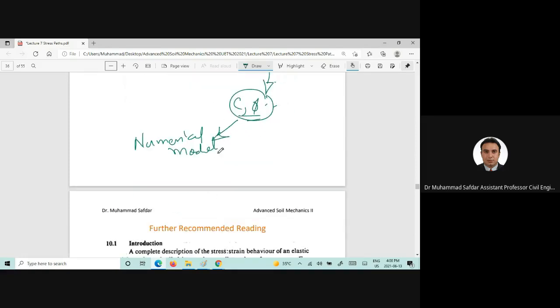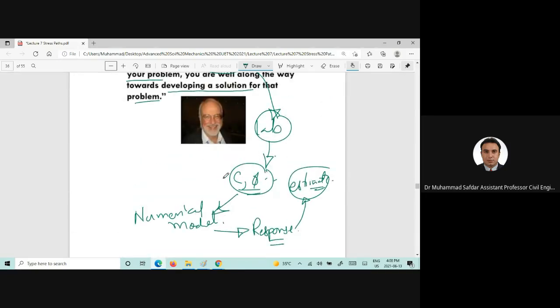Then you will again get a stress-strain response, stress path response there. So you can estimate those shear strength parameters, or you can estimate the settlement behavior or the stability of those geotechnical structures.